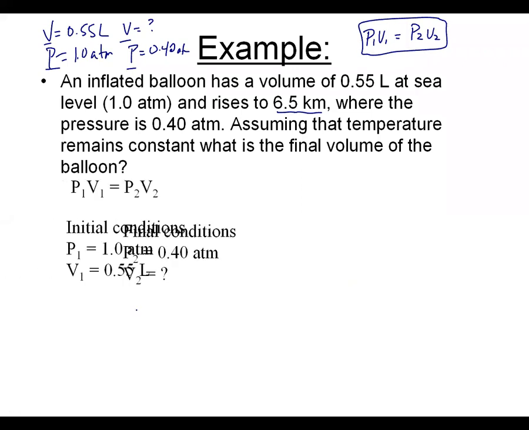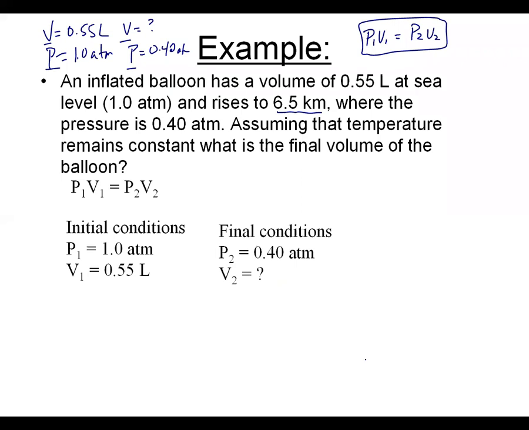So if we take our stuff and label it, we do want to watch units here. In terms of notation, there's really no rule per se, but usually when we go through the problem, the first numbers become our ones, the second set becomes our twos.